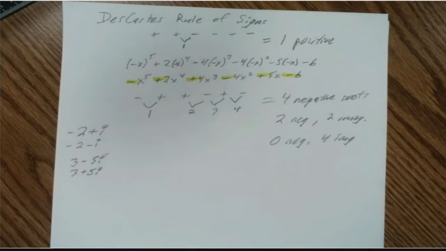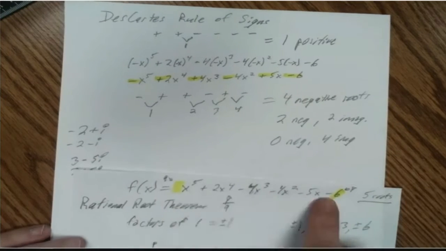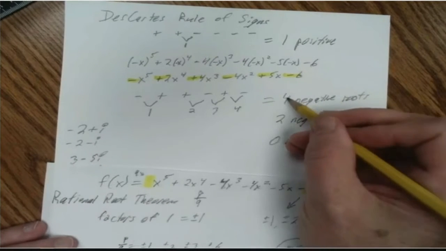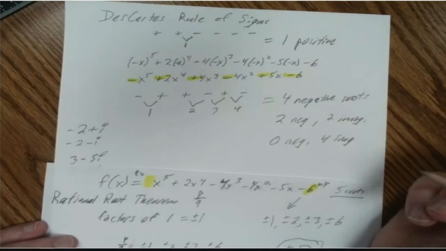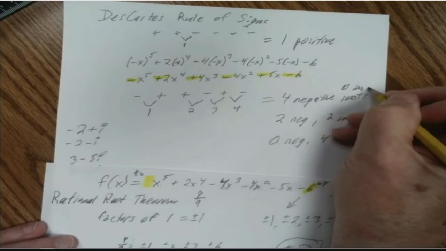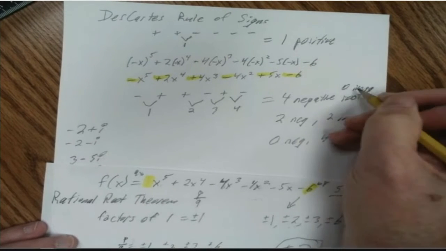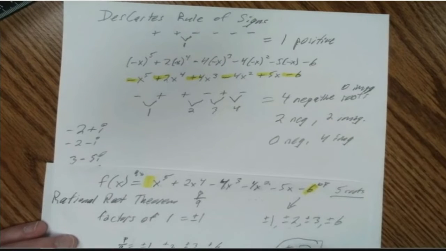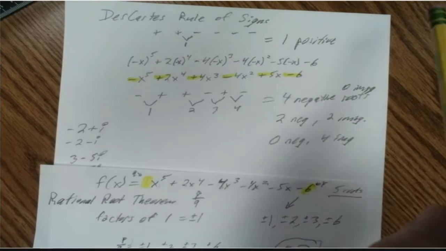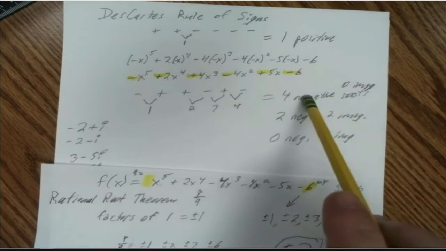So now we know for this original equation that there's going to be 1 positive, and there's either going to be 4, 2, or 0 negative real roots, and there will be 0, 2, or 4 imaginary. But there will be 5 roots, because we know that from the fundamental theorem of algebra. We just don't know for sure how many are negative and how many are imaginary.